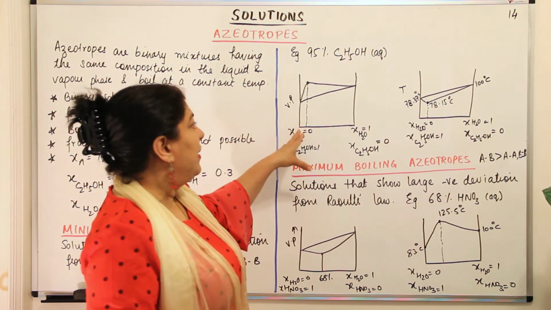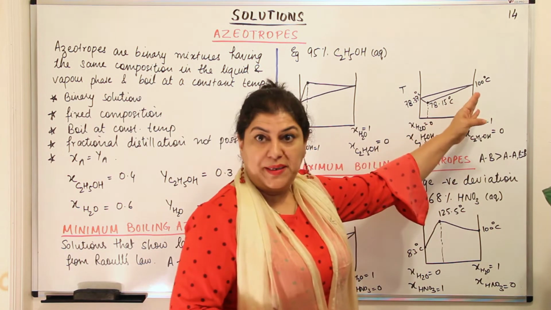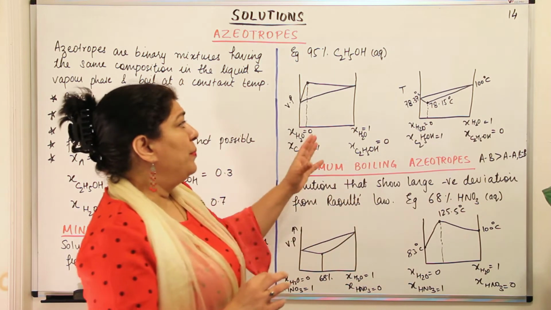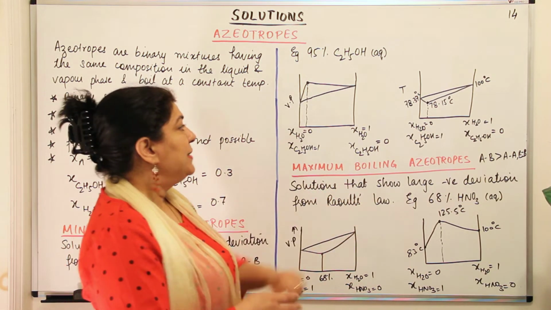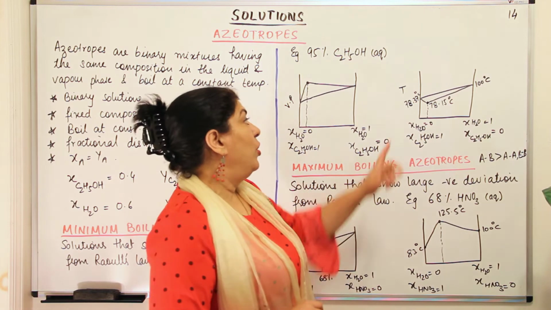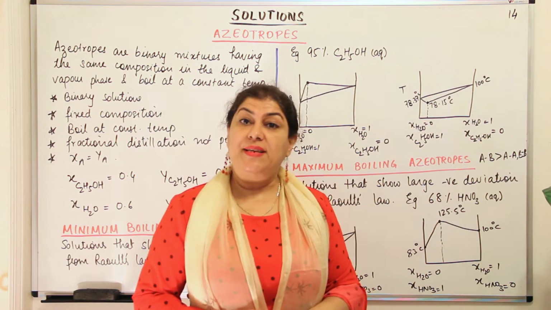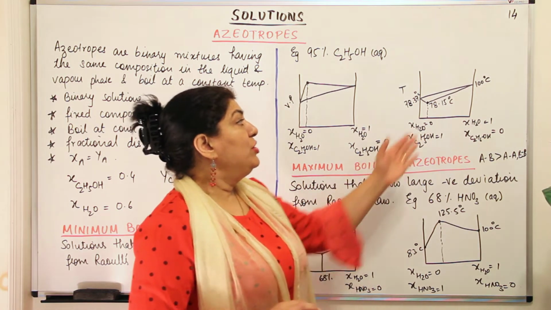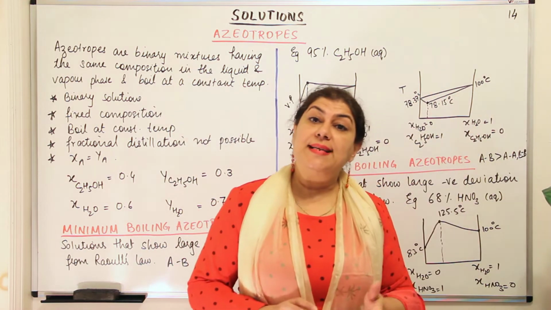So if we plot a graph now between the boiling points of the components and the mixture, what do we find? The boiling point of ethanol is 78.37 degrees Celsius, and the boiling point of water we know is 100 degrees Celsius.